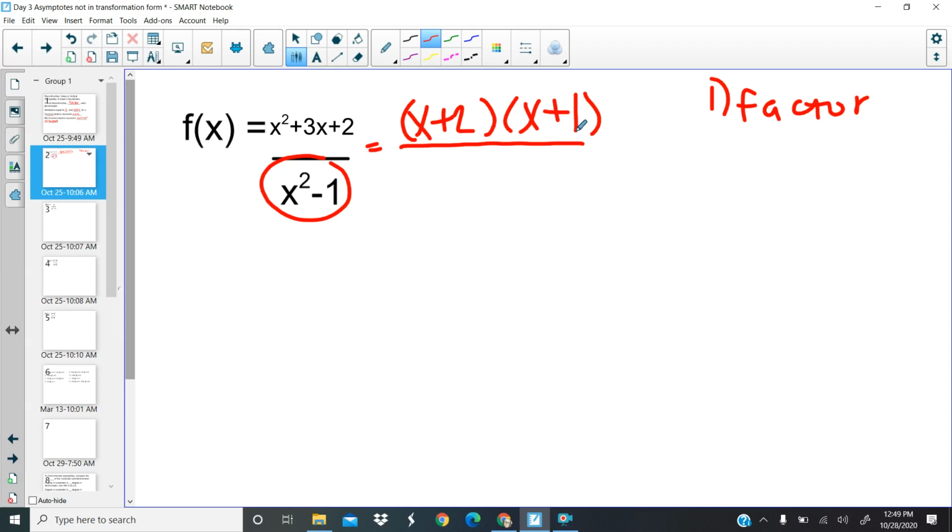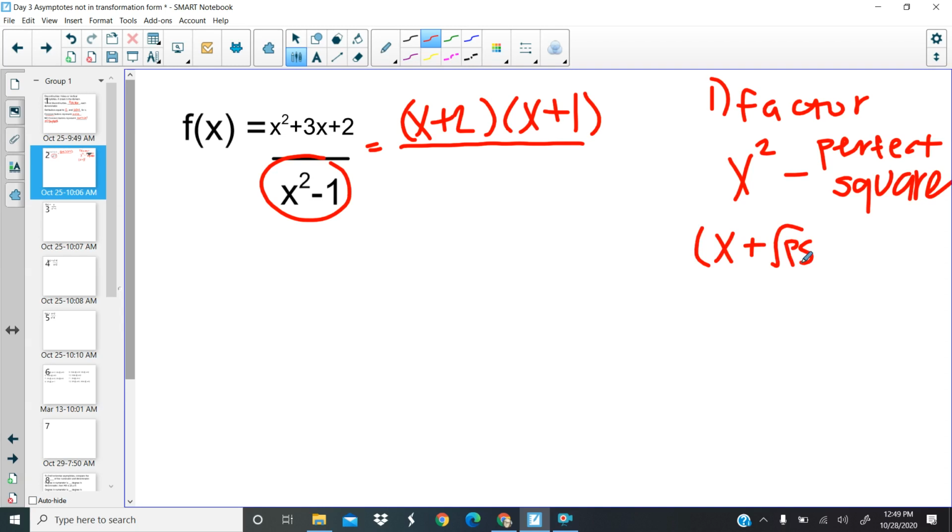So then for the denominator, x squared minus 1 is a special case that's called a difference of perfect squares, where anytime that you have an x squared minus a perfect square, like 1 or 4 or 9 or 16 and so on, then your factors are going to be x plus the square root of your perfect square times x minus the square root of your perfect square.